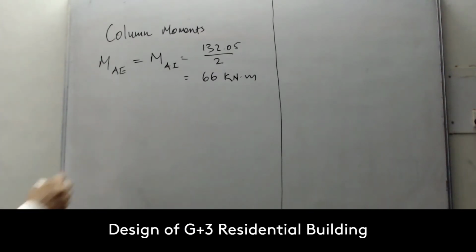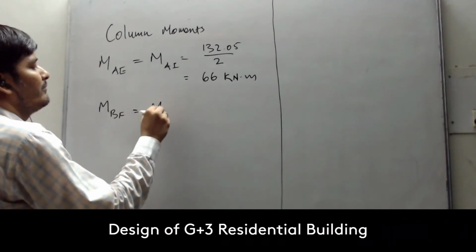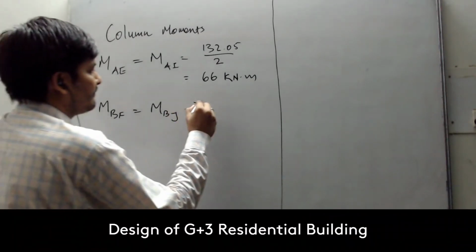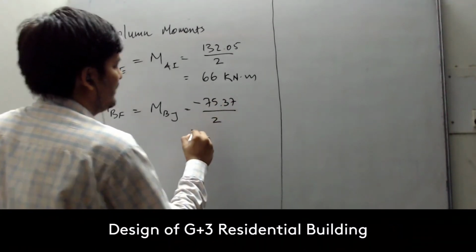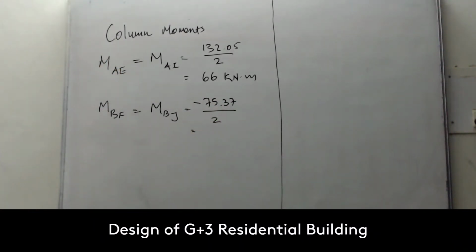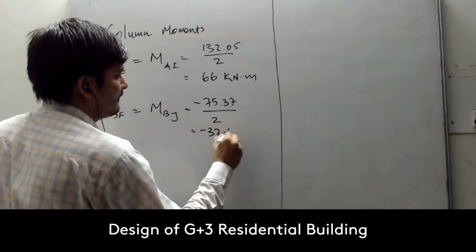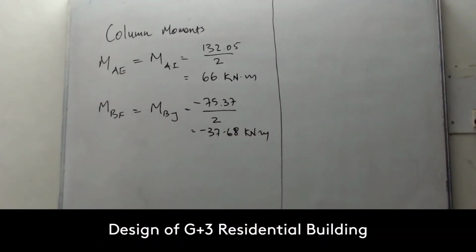We find the value from the moment distribution table, which is minus 75.37, divide by 2. So we'll get this answer as minus 37.68 kilonewton meter.